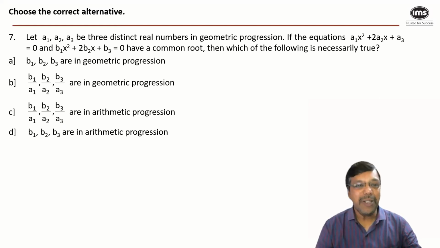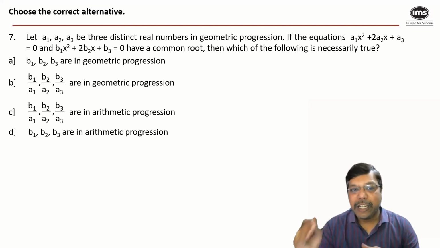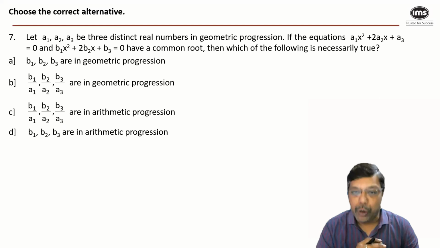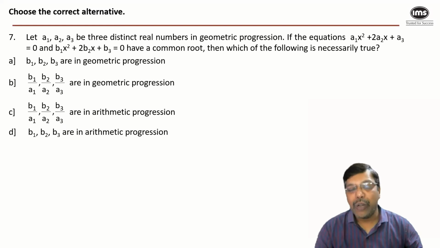Let's look at this question. Now we have A1, A2, A3 as 3 distinct real numbers in geometric progression, and the given 2 equations have a common root. Then we need to find out which of the answer options are necessarily true.